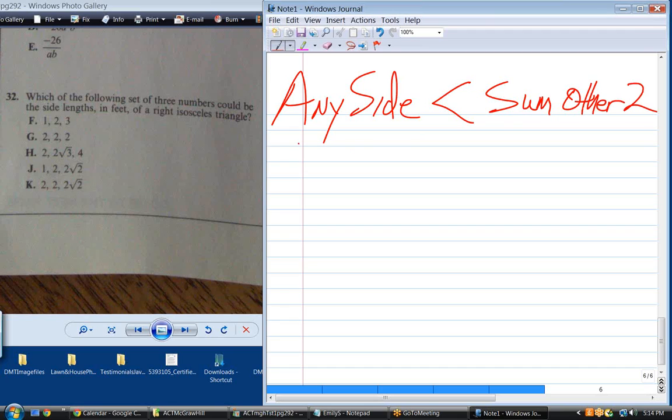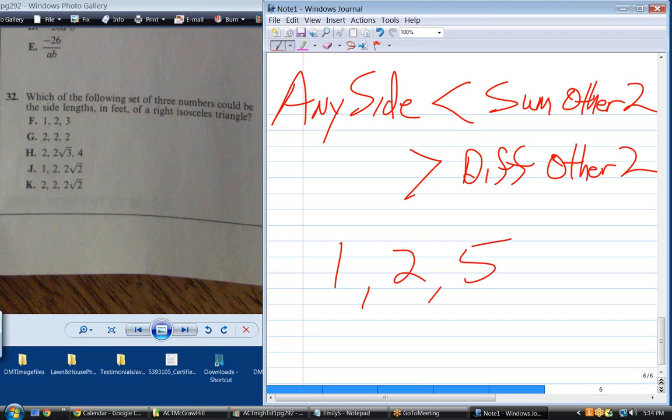And if you can memorize that, and the reverse, which means greater than the difference of the other 2. So when I gave you a 1, 2, 5 triangle, it doesn't work. 5 is not less than 1 plus 2. You can't have a triangle like that.